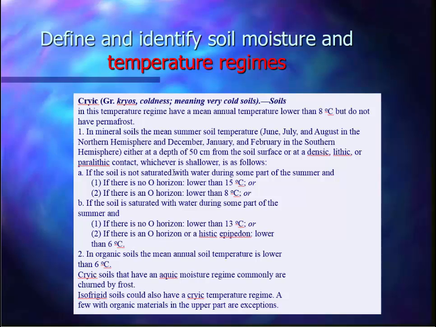So if it's not saturated and if there's no O horizon, a cryic would be lower than 15 degrees C in the summer. If it were frigid, it would probably be higher than that. If there is an O horizon, it would be lower than 8 degrees C. So the O horizon kind of insulates these kinds of soils, which are found up in the mountains and stuff.